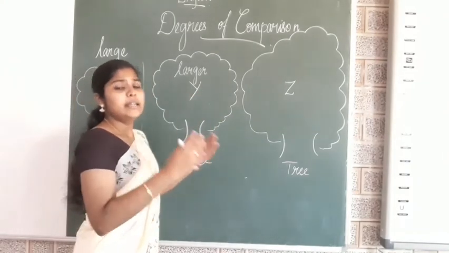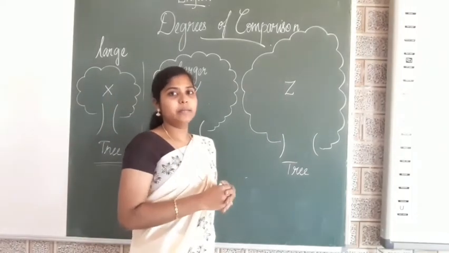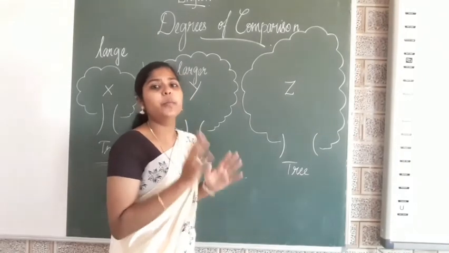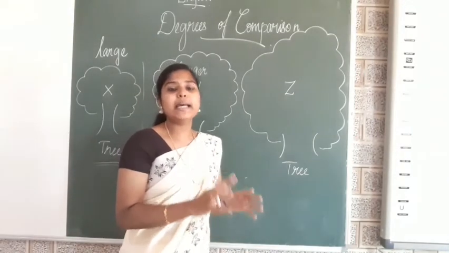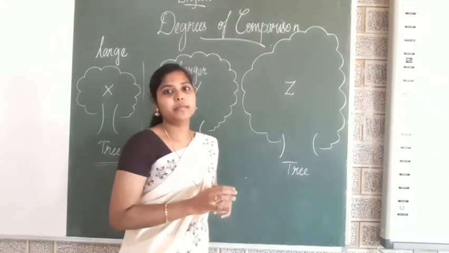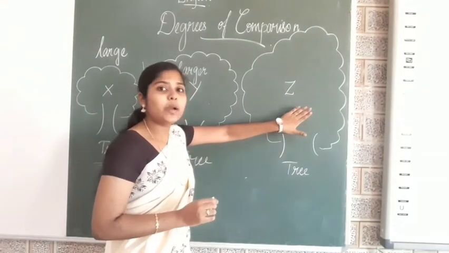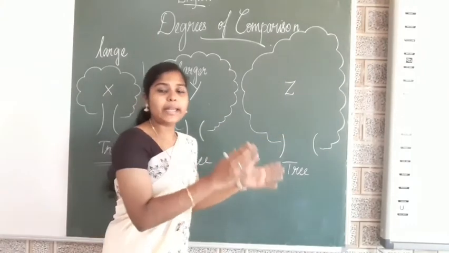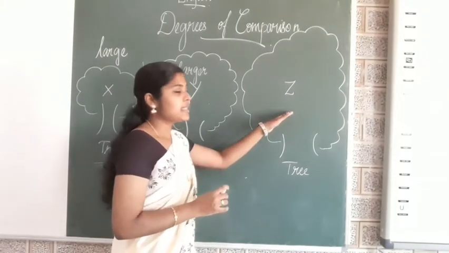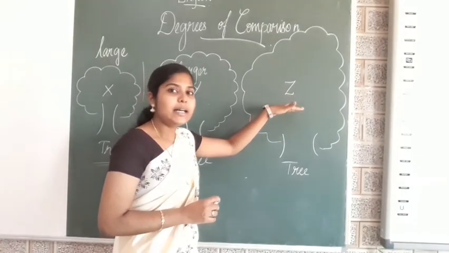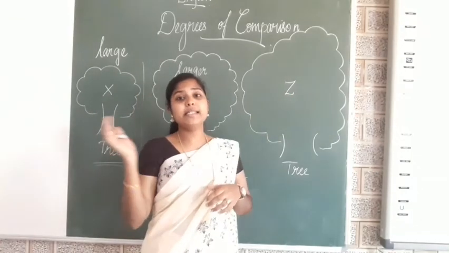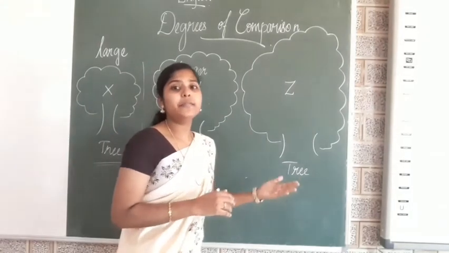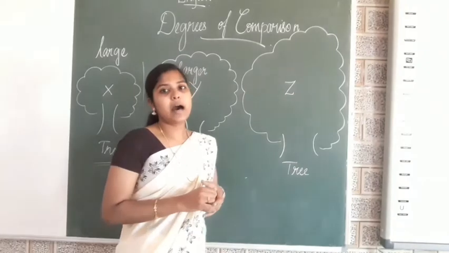Okay. Now, another friend came and he or she is saying that no, you both are wrong. You both are telling wrong and rubbish, because this particular tree is a large tree. So another friend is saying X is a large tree. I am saying X is a large tree. My friend is saying Y is a large tree. And another friend is saying Z is the large tree.